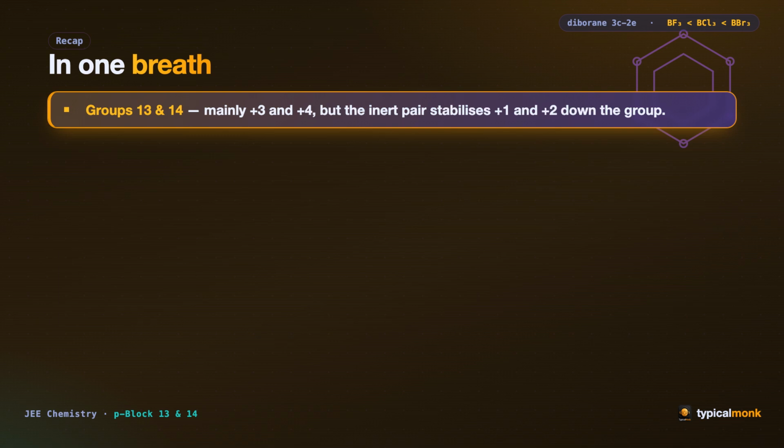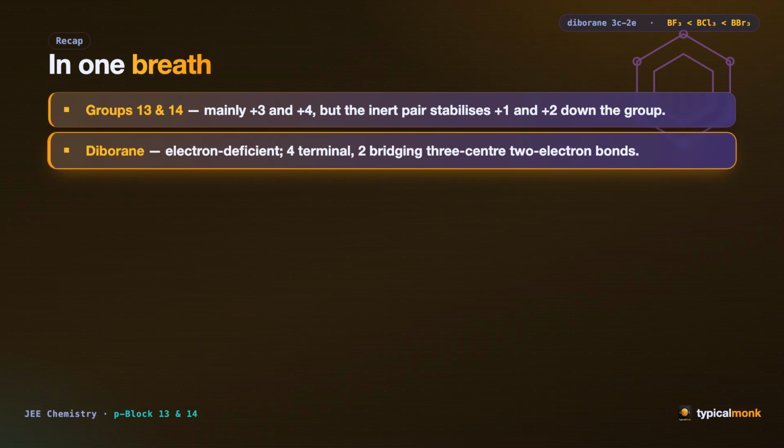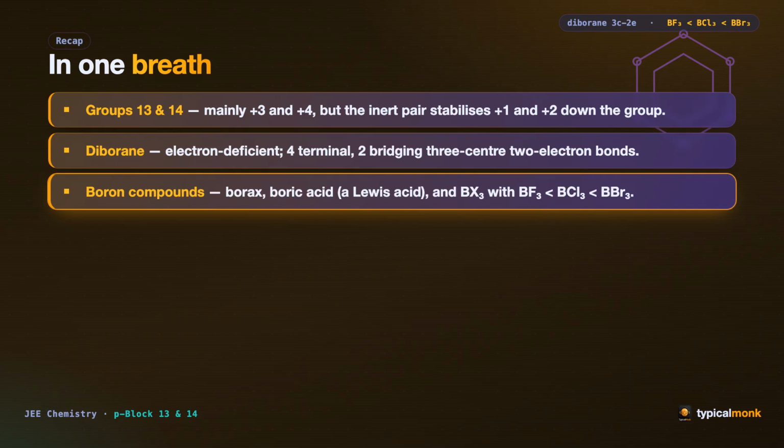Let us gather it all in one breath. Groups 13 and 14, mainly +3 and +4, but the inert pair stabilizes +1 and +2 down the group. Diborane, electron deficient, with 4 terminal and 2 bridging 3 center 2 electron bonds. Boron's compounds: borax, boric acid, the Lewis acid, and the trihalides, with boron trifluoride less than boron trichloride less than boron tribromide.